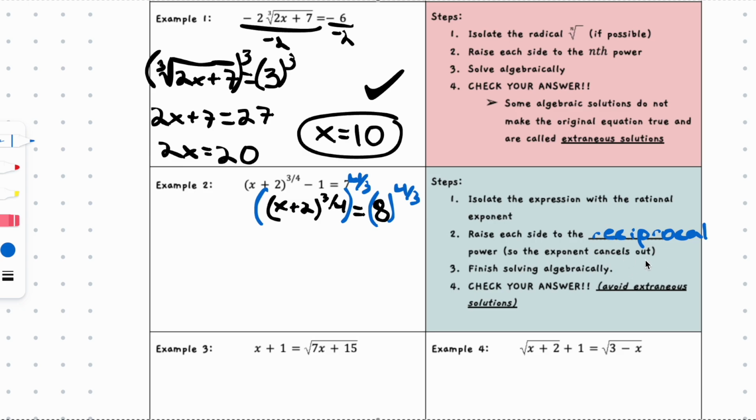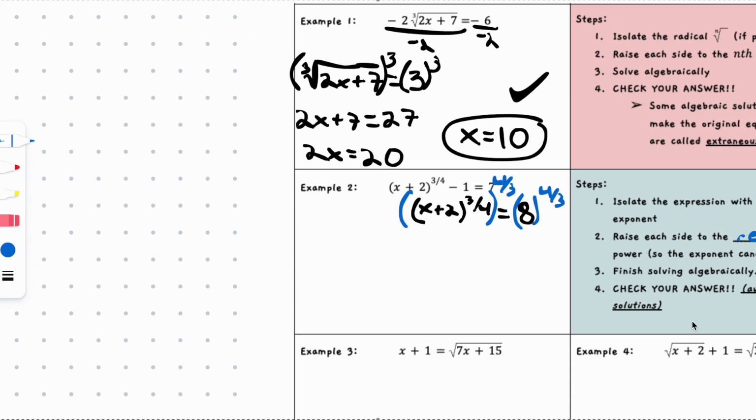Now let's think about why. If we remember back to our exponent rules, say we have a to the b power, and all of that raised to the c power. That's equal to a to the b times c power. So we can multiply those two exponents.